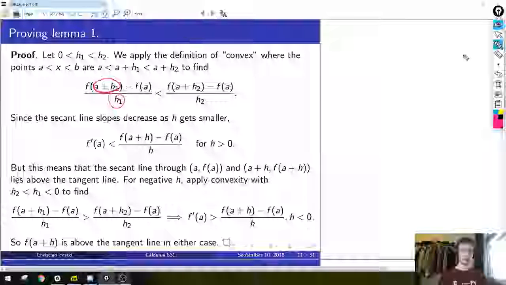So I'm just convincing you I'm plugging into the definition correctly. That's the left side. The right side is supposed to be b, so I put in b as the argument to f. The same thing downstairs, it's b minus a, but if this is b, then a plus h2 minus a is h2. So just emphasizing that this is the definition of convexity, just with a clever choice of the points.